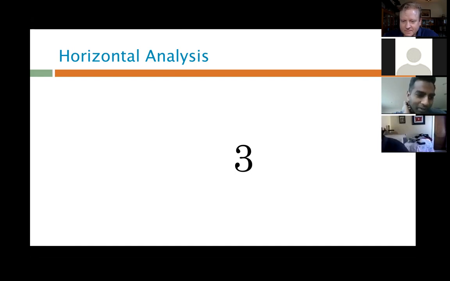So this will be a little bit of a repeat, but hopefully a different angle could shed a little more light. The way I like thinking about horizontal analysis is that it's another tool in your bag to understand what a company is doing. For instance, if you had a single snapshot, like the balance sheet Tom showed, it gives you a great health check of what the company looks like right now.